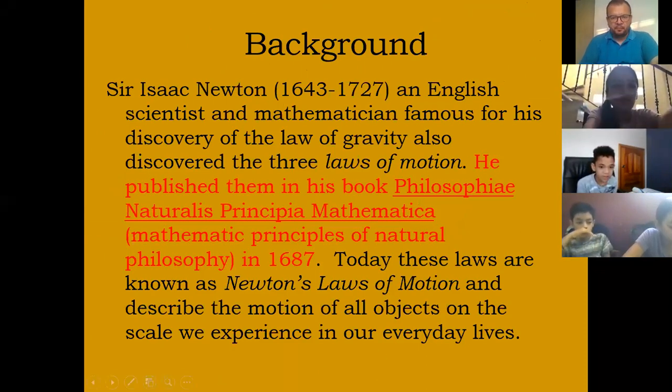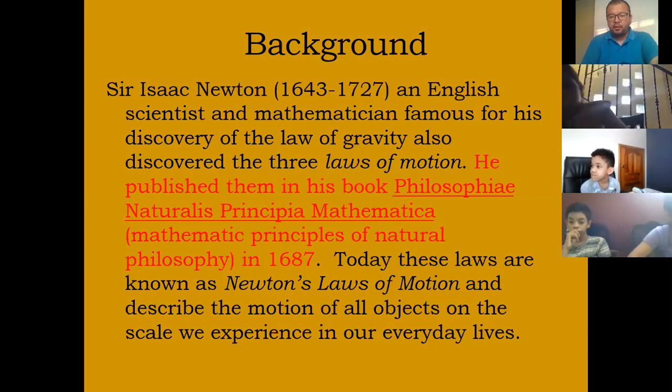Sir Isaac Newton, who lived between 1643 and 1727, was an English scientist and mathematician famous for his discovery of the law of gravity. He also discovered the three laws of motion.